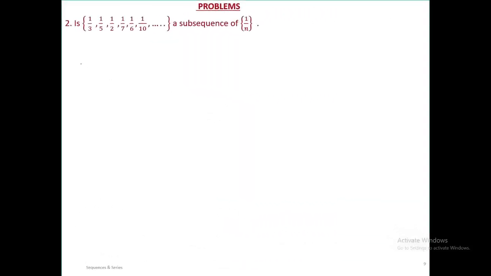Look at the second problem. So many students are asking about this one, sir, how to conclude a subsequence or not. So first let us take a sequence an, which is 1 upon n. So here what I want is a subsequence or not, right? First let me look at the terms of the sequence.